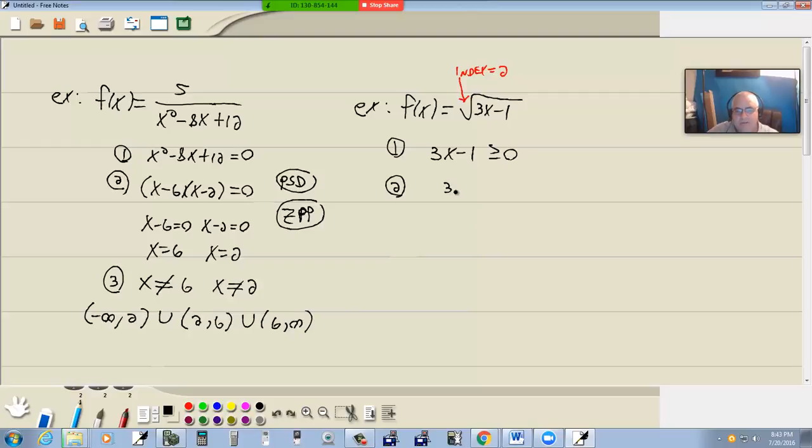And then we want to solve. So I take the negative 1 over, becomes a positive 1. Divide both sides by 3, and we got x is greater than or equal to 1/3. Now if they're wanting this in interval notation, we would put a bracket because there's a line underneath, and would have 1/3 to positive infinity. And that's how you'd write it in interval notation.